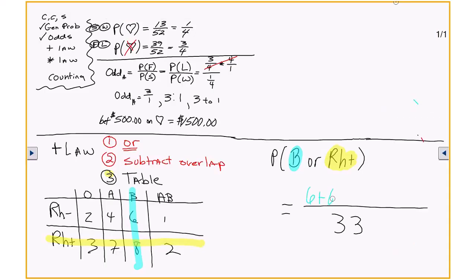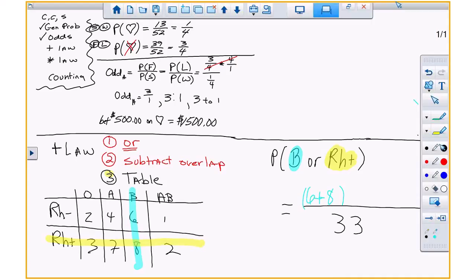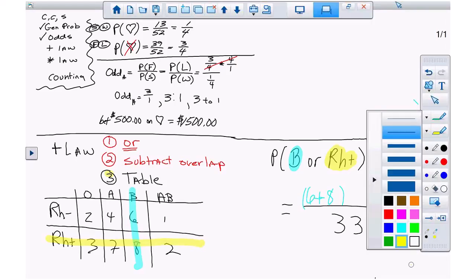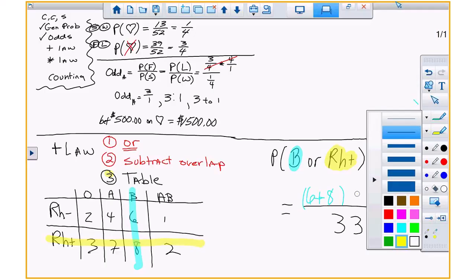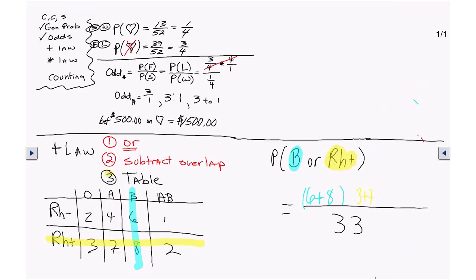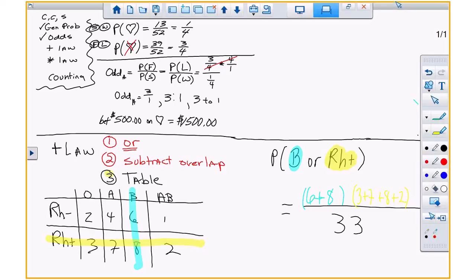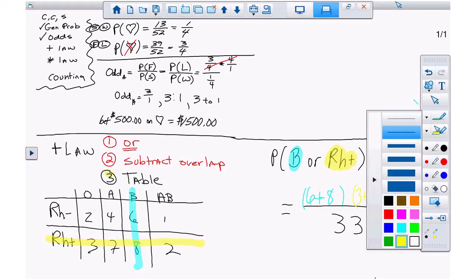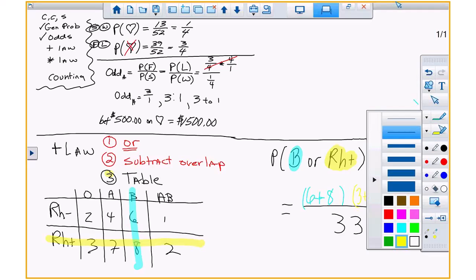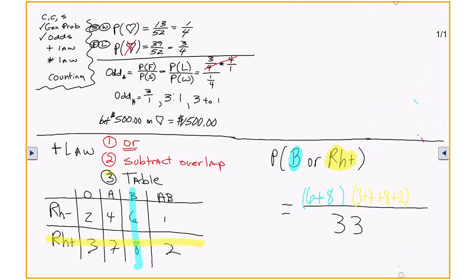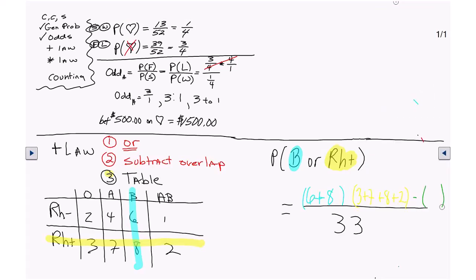Six plus 8. Three plus 7 plus 8 plus 2. I'm going to use that dark green, minus parentheses.